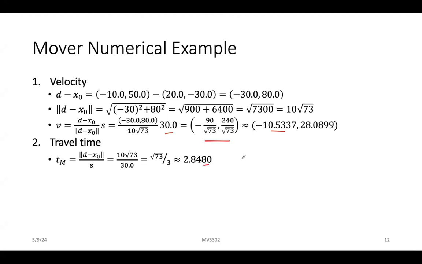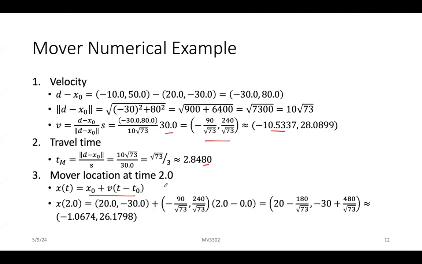Now, in a way the punchline of this whole thing is that the location at any given time, we can compute exactly, and by exactly I mean up to computer precision, by using the equation of motion, which for a simple linear system is just the starting point plus the velocity times the elapsed time.